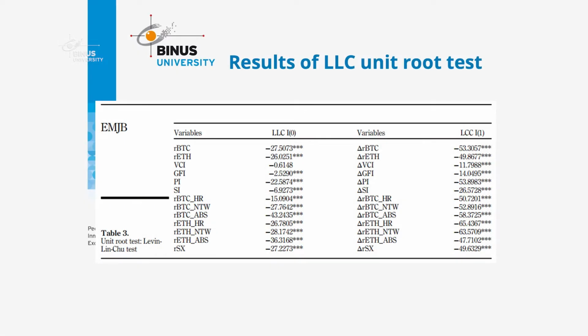As you can see here, only the VCI has a unit root problem at level, the 0 level. But as we move forward, we conducted further tests on the first difference, and in the first difference, there is no unit root issue for all variables.